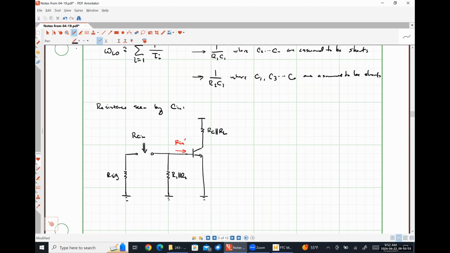So from this, RCN is just going to be R sig in series with R pi in parallel with R1 in parallel with R2.